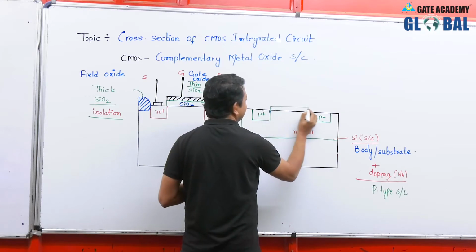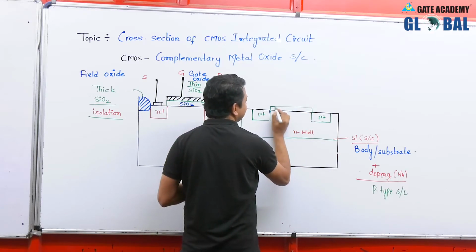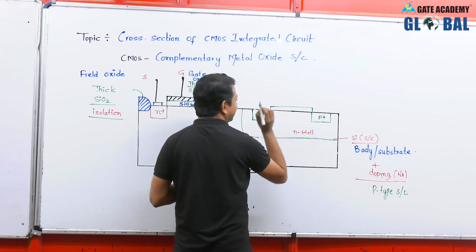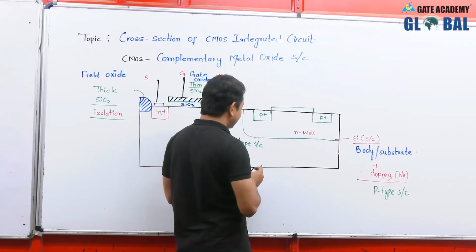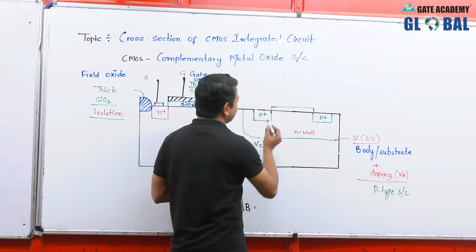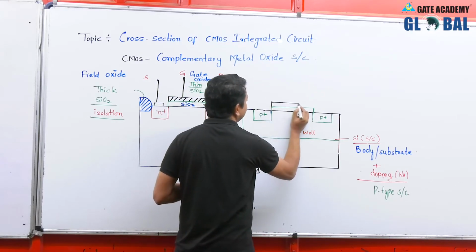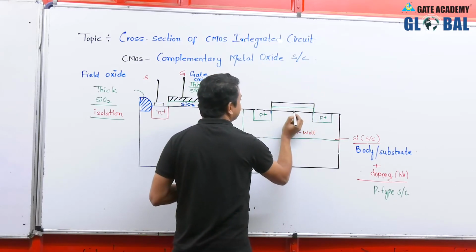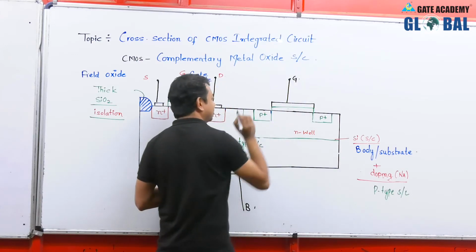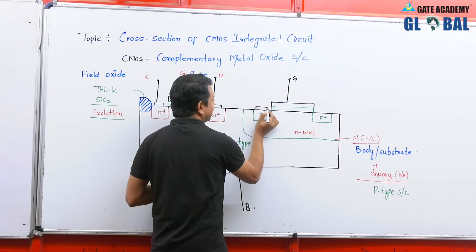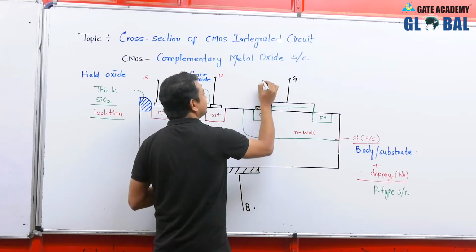Above this we have silicon dioxide, known as the gate oxide, a very thin layer of silicon dioxide which is used as the dielectric. Above this dielectric we can use the metal layer. This is the metal oxide semiconductor structure, and this terminal is the gate terminal. Here we again use a metal layer and extend a terminal.